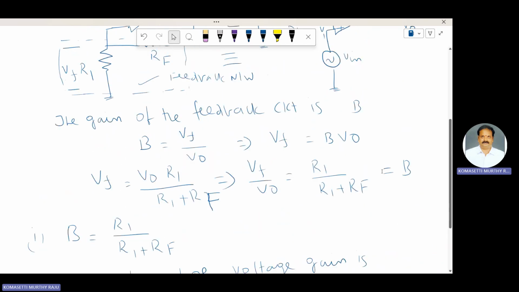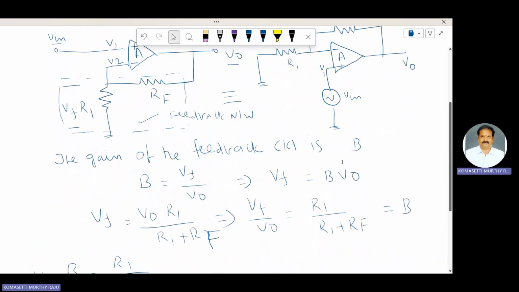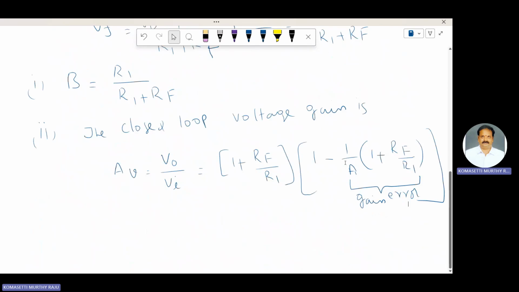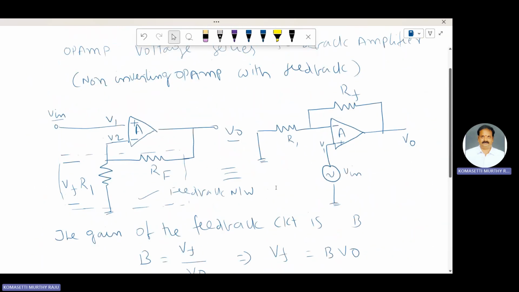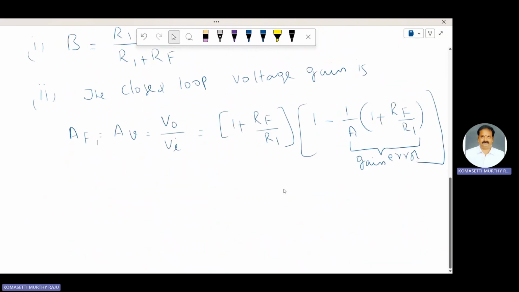We know that the closed loop voltage gain of the op amp is represented by AV, and sometimes it is also called AF. AF is equal to output voltage by input voltage, which is equal to 1 plus Rf by R1 into 1 minus 1 by A, with the gain error.